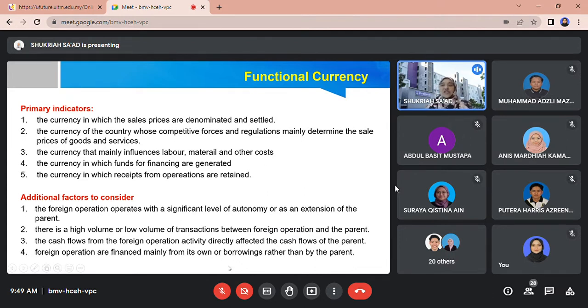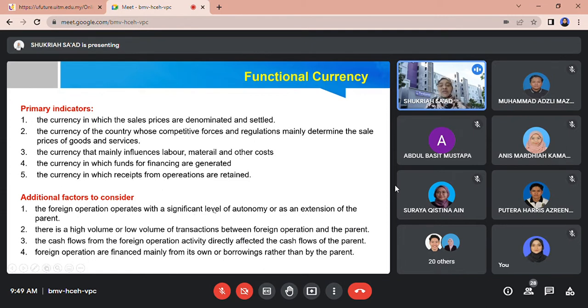So transaction dia walaupun dia berada di luar negara, dia tak bergantung kepada parents. Macam mana nak measure pergantungan tu? Tengok sama ada dia sumber dia punya loan cari sendiri, bukannya sponsored by the parents. So yang ni kita akan determine the level of autonomy.